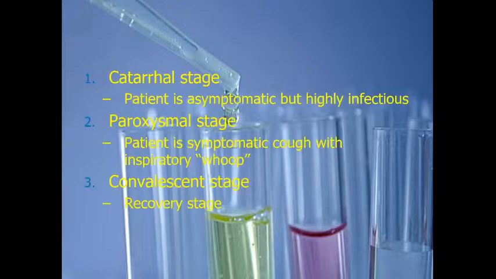And the convalescent stage is basically the recovery stage if the patient survives the paroxysmal stage. So please be mindful: catarrhal stage, the patient is asymptomatic but highly infectious. Paroxysmal stage, the patient is symptomatic with the characteristic inspiratory whoop. And convalescent stage, the patient is recovering, but not highly infectious anymore.